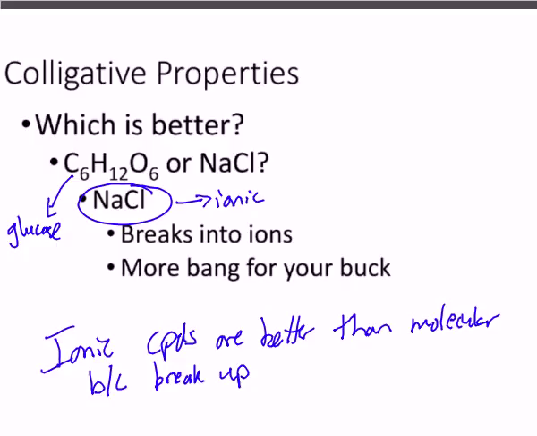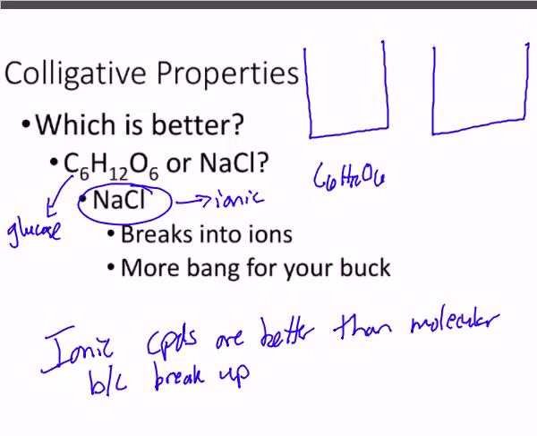So I drew on the board for you yesterday two beakers. We had glucose, C6H12O6, in one, and we had NaCl in the other one. So we had water in our beakers, and then we added 4 moles of each.